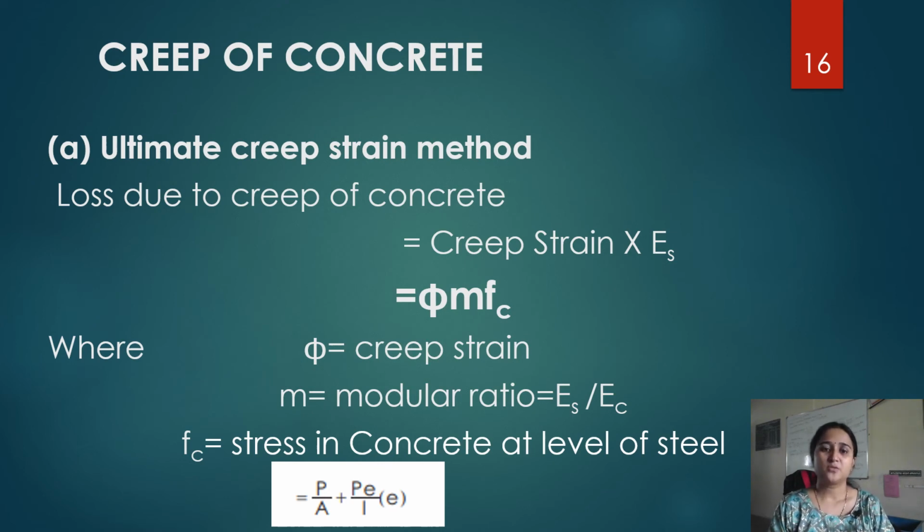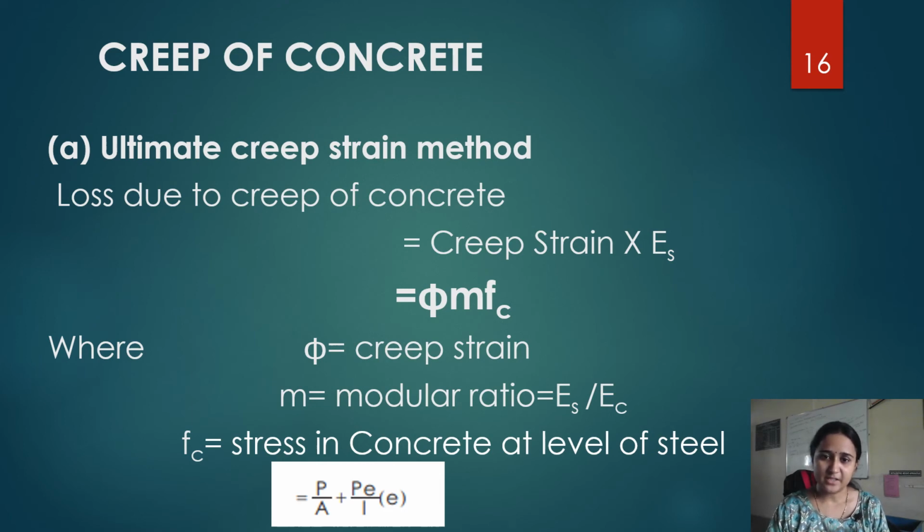Okay, so in the ultimate creep strain method, loss due to creep of concrete is creep strain into ES. ES is the Young's modulus of steel.